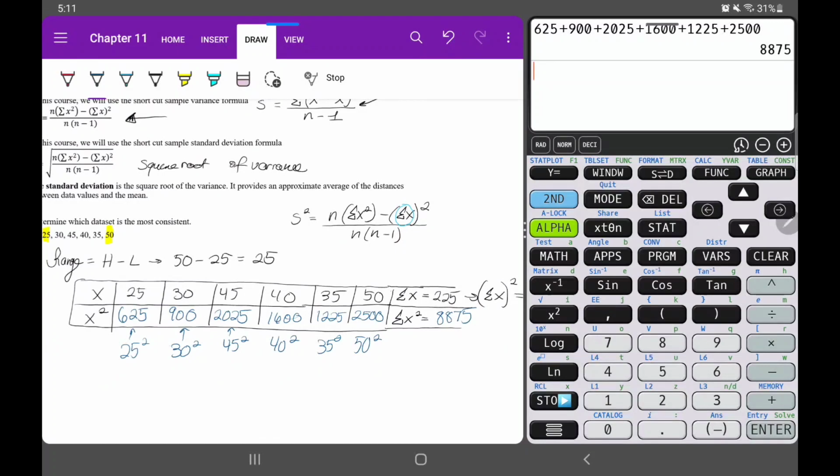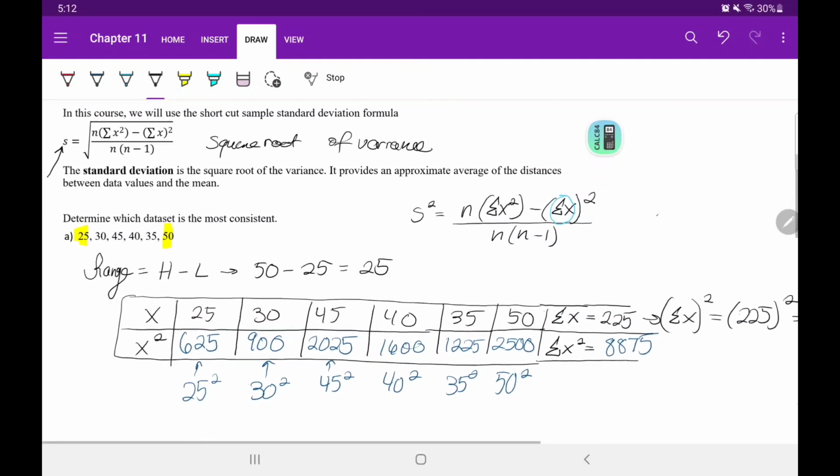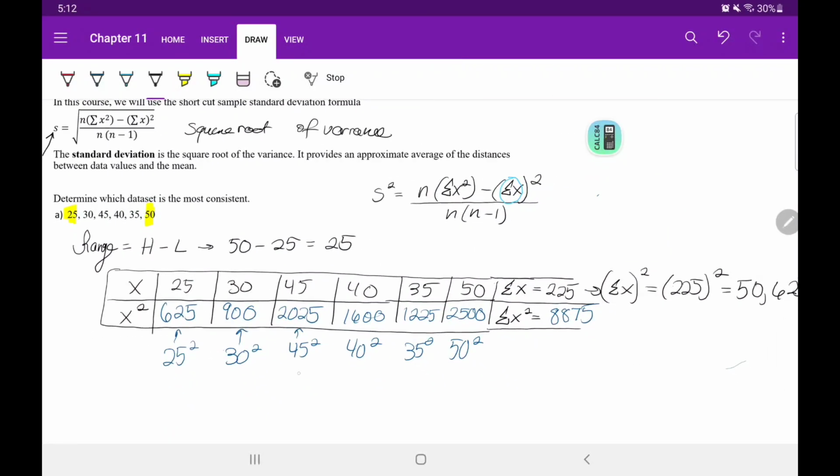Now, let's find our sample variance. We're going to use the formula. So let's close the calculator for a second. Now, to find my sample variance, s squared is equal to n times the sum of the squares of the data values, minus the sum of the data values squared, all divided by n times n minus 1. And remember, n is the sample size. In my data set, I have 6 data values. So n is going to be 6.